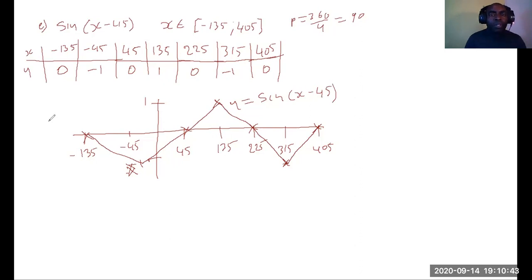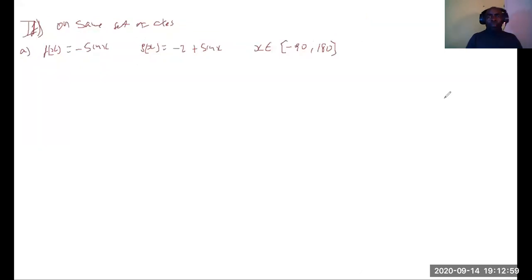Perfect. So we are able to see our x-intercept, our turning point, which is the maximum and the minimum there. That is perfect. So now here we have got a question where you have to put two graphs on the same set of axes.